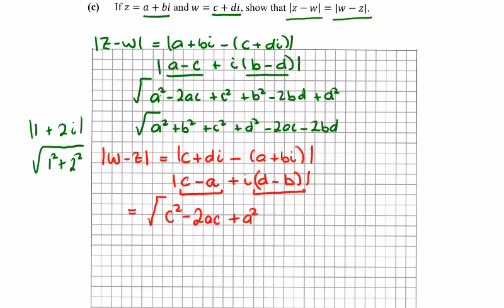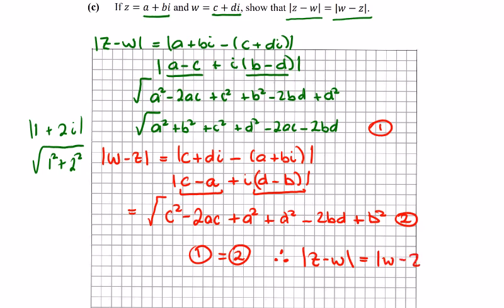And if I square this guy, I'm going to get plus d squared minus 2bd plus b squared. And you can see here that 1 is equal to 2, therefore the modulus of z minus w is equal to the modulus of w minus z.